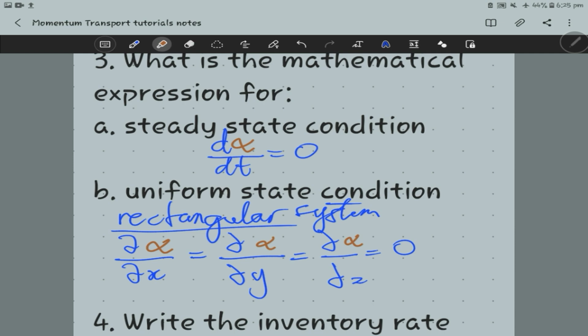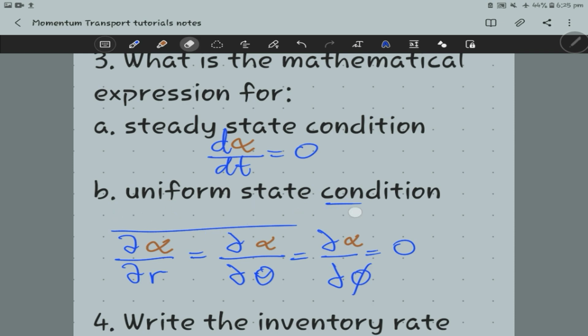So if it happens that we are dealing with a cylindrical coordinate system, that will be r, right, and we'll have here z, and here theta, right? If you are talking about a spherical coordinate system, and we are saying that the system is in a uniform state, then we will have r here, and we'll have theta here, which is an angle, and we have another angle here, right? Sorry, I should have changed this.